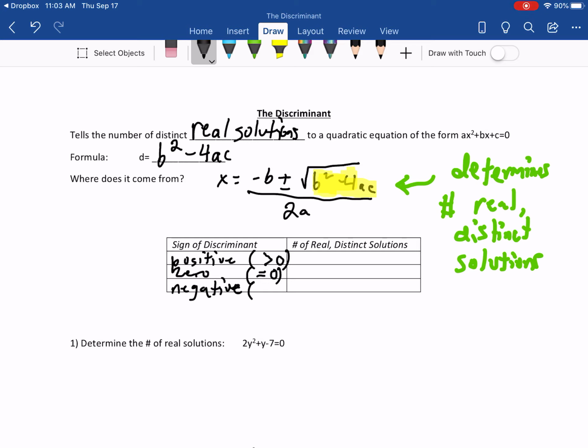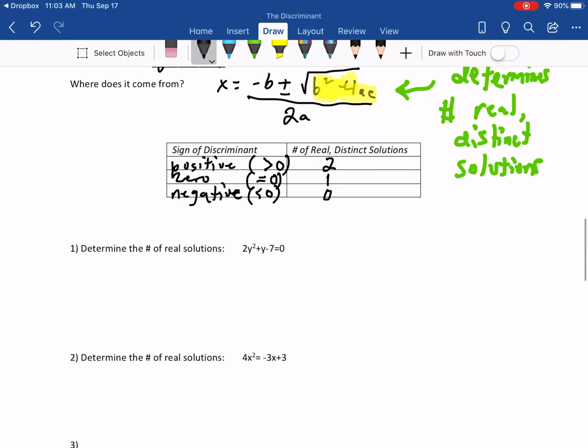And negative, it's less than 0, okay? So we want to think of it in terms of an inequality. So if the discriminant is positive, we have two real distinct solutions. If the discriminant is 0, we have one real distinct solution. If the discriminant's negative, we have no real distinct solutions. And if we have no real distinct solutions, that means we have complex solutions.